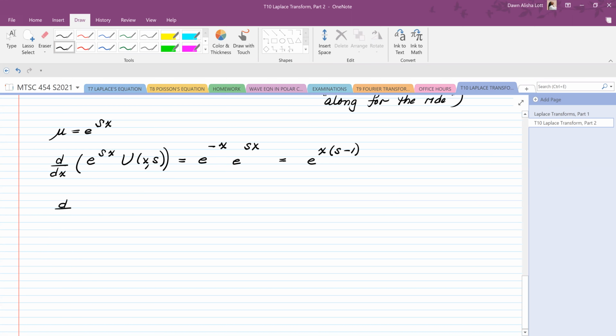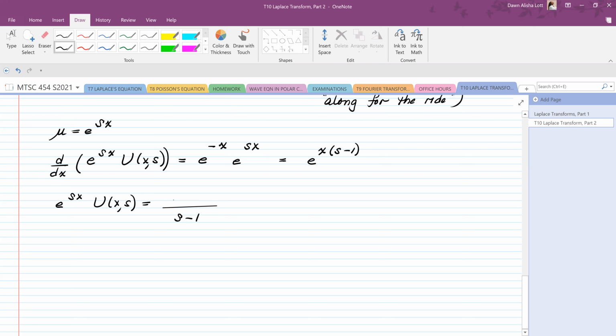Okay, so therefore now I can integrate this. And when I integrate the left-hand side, I just get e to the sx times capital U of x and s. And on the right-hand side, I'm going to pull out a 1 over s minus 1.